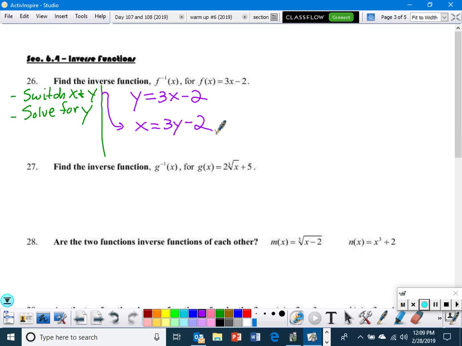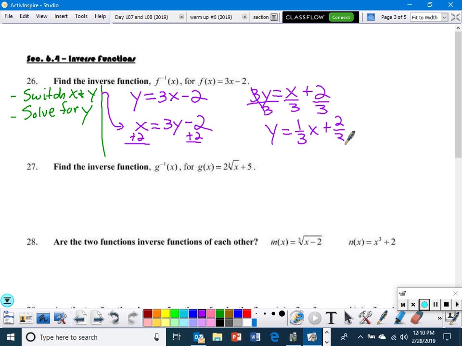Now I'm going to get y by itself. I'm going to solve for y. So I'm going to go through the steps. Okay, I just flipped it around and said 3y equals x plus 2. And last step, divide by 3. So the inverse function is y equals 1/3 x plus 2/3.